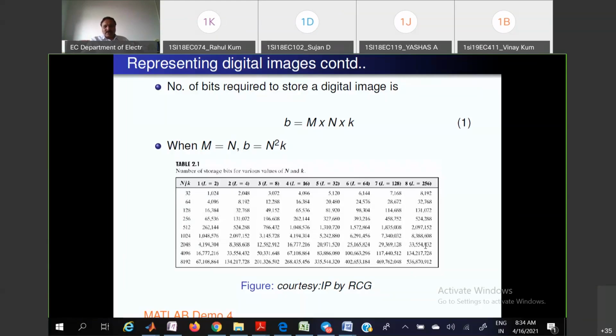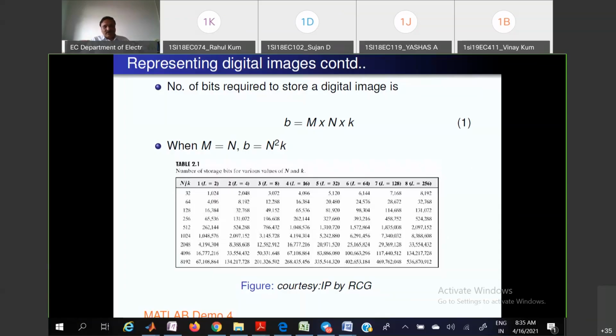So 3024 into 4032. Suppose it is an 8-bit image, which means I'm assuming it is not a color camera, it is a gray camera. So you can imagine it is 4032 into 3024 into 8 bits. What is the size?